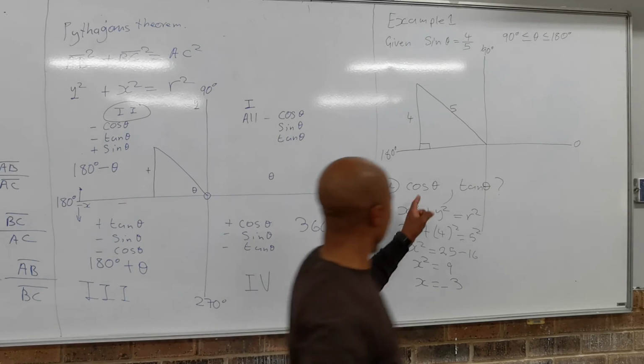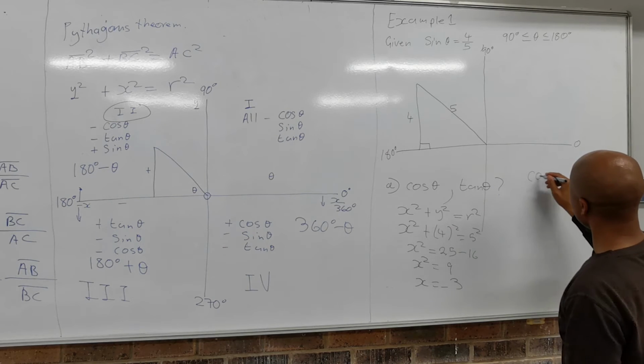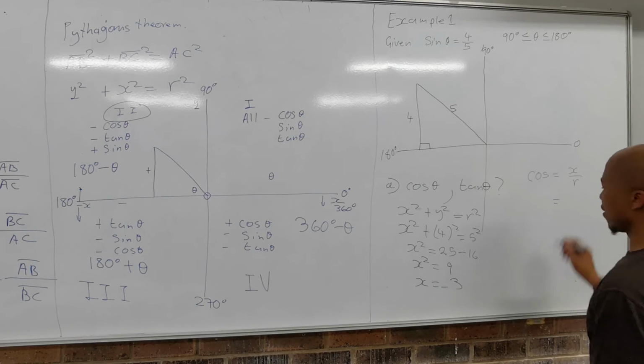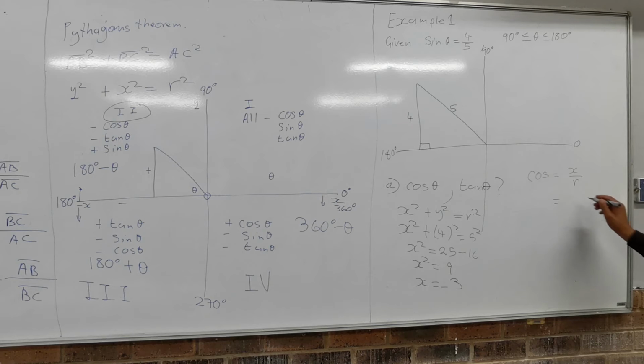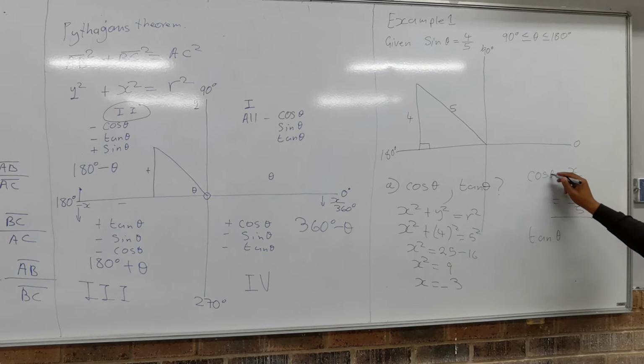Alright. Now, by definition, cos theta is equal to x over r. What is the value of x? It's minus 3 over 5. What is tan theta?